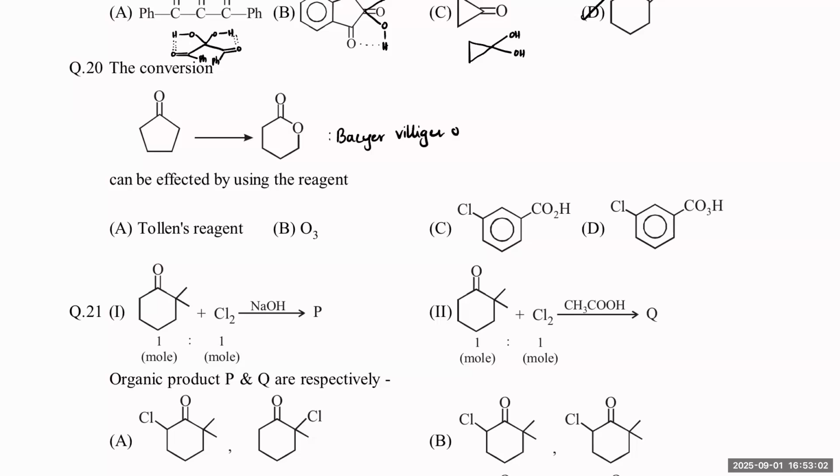Wherein if we use any peroxy acid, that is, any RCO3H, there will be an insertion of oxygen like this. This is the product formed. Out of the four given, which is a peroxy acid? The last one, see, it has CO3H.